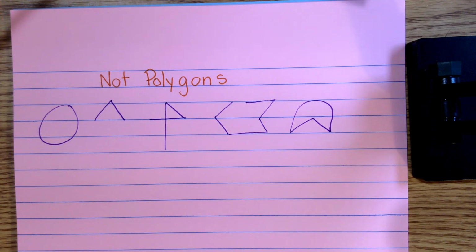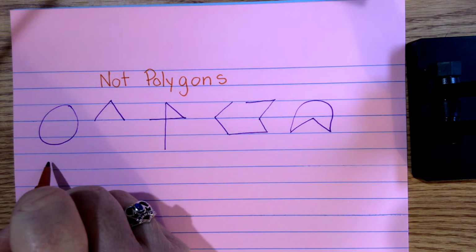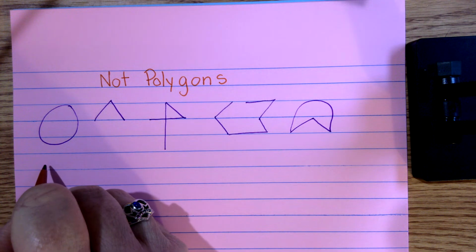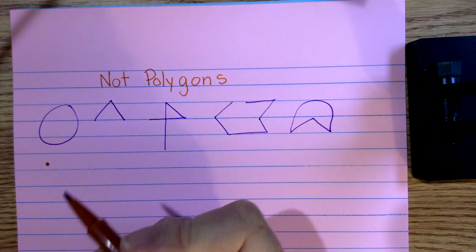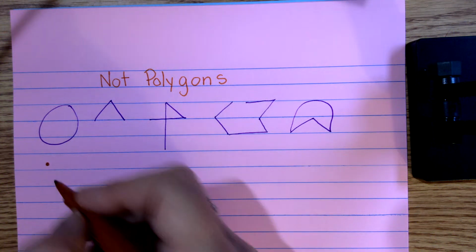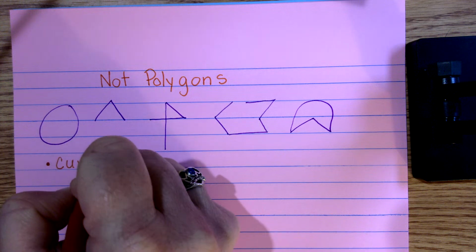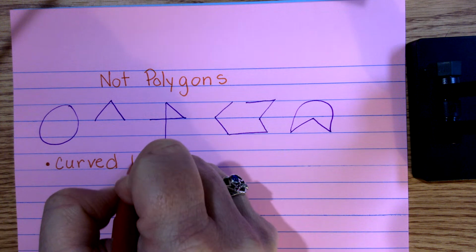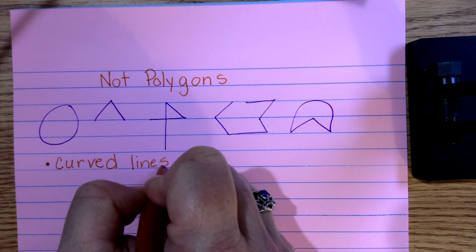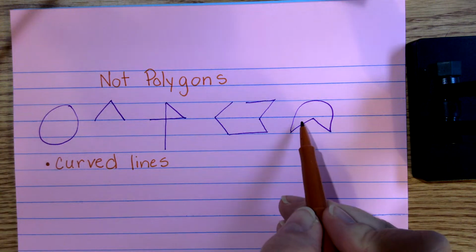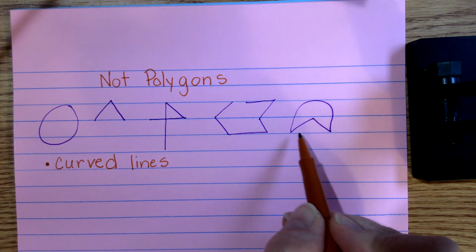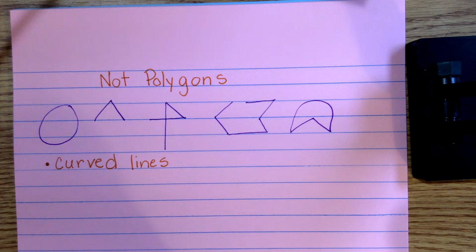And so let's look at the reasons that they may not be polygons. One, there may not be any straight lines. So there are no straight lines. We can put on there that it has curved lines, such as the circle or this wonky little shape over here that looks like a little ghost off of Pac-Man.